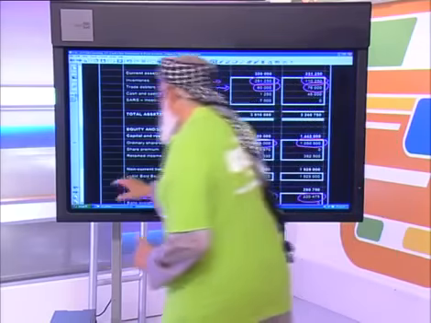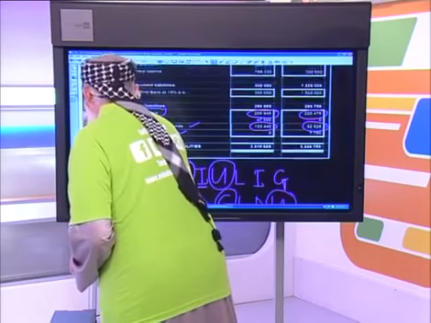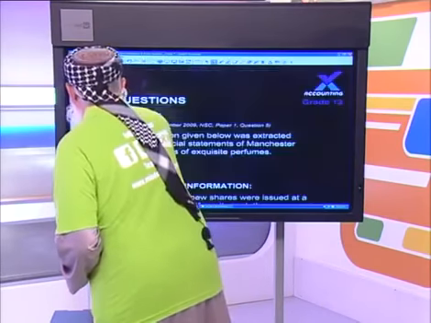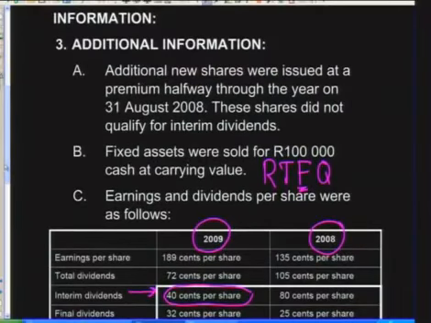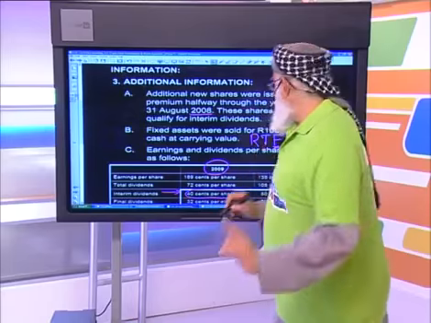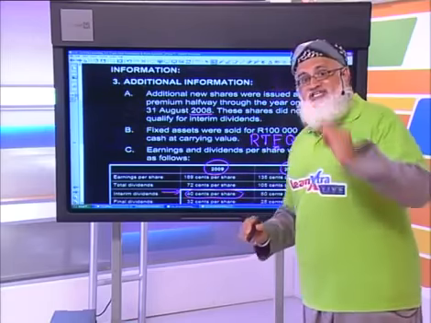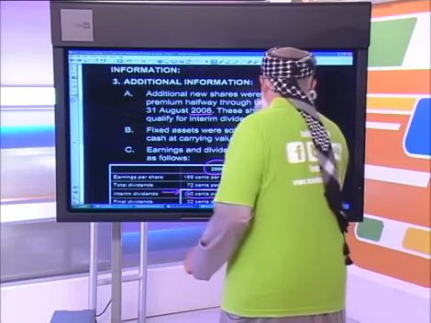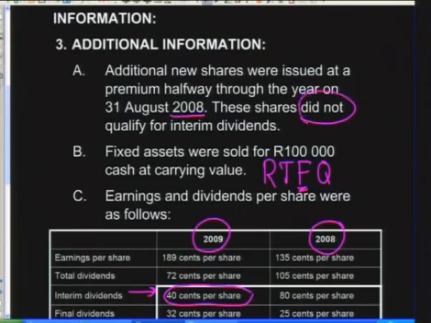However, what was the proviso? Let's find the proviso. What did they tell us? Additional new shares were issued at a premium halfway through the year on the 31st of August 2008, and these shares did not, here's the secret, these shares did not qualify for an interim dividend.